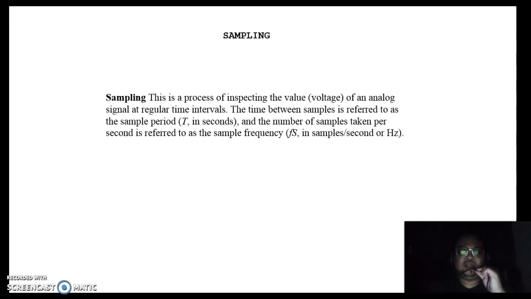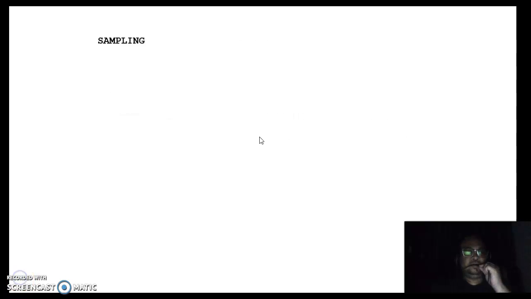Take note of the Nyquist criterion: the sampling frequency must be greater than or equal to twice the highest analog frequency of a given signal. So sampling is just taking a sample voltage at regular time intervals.